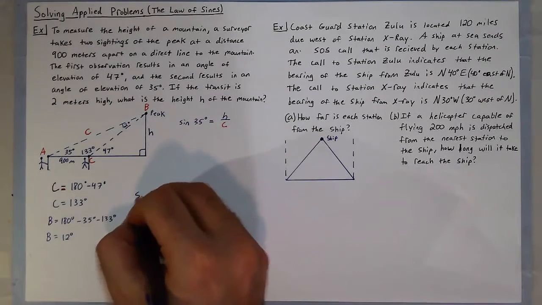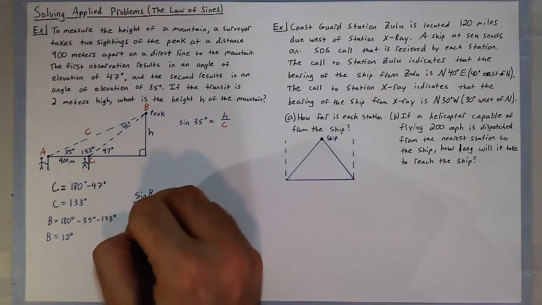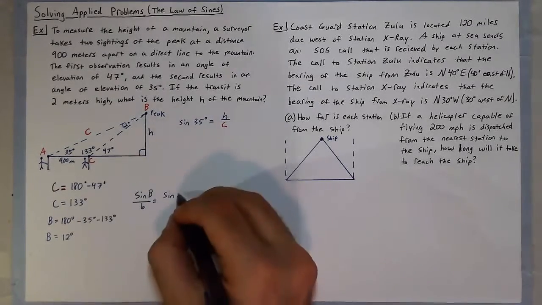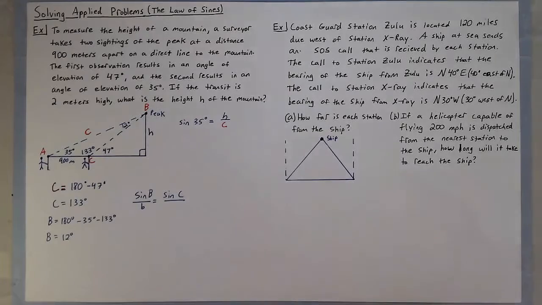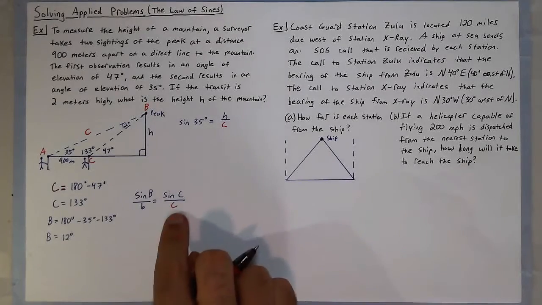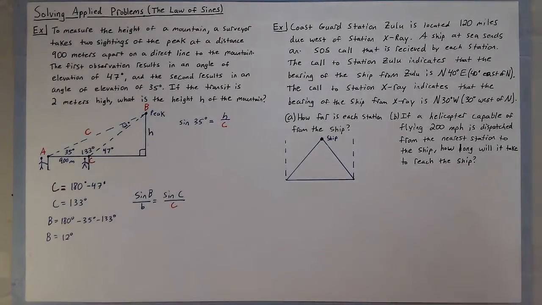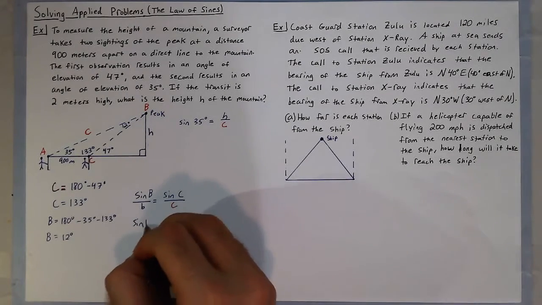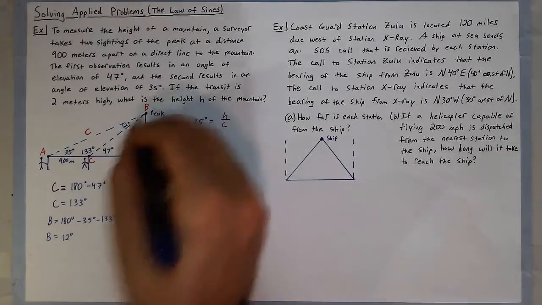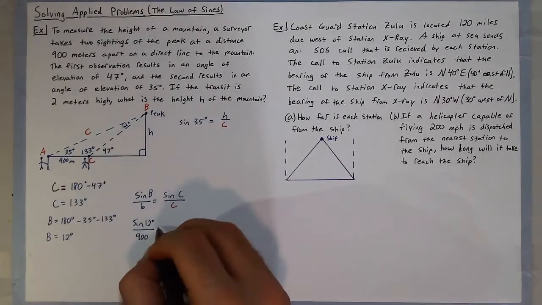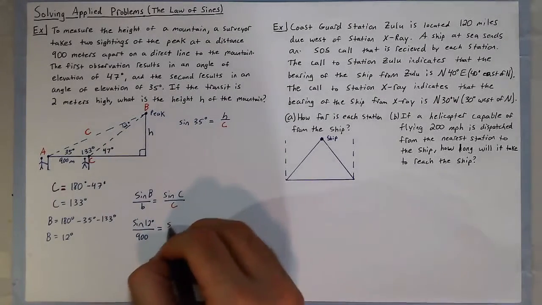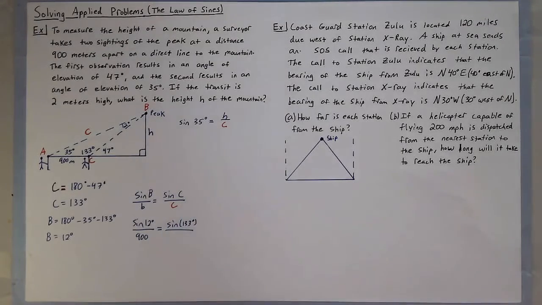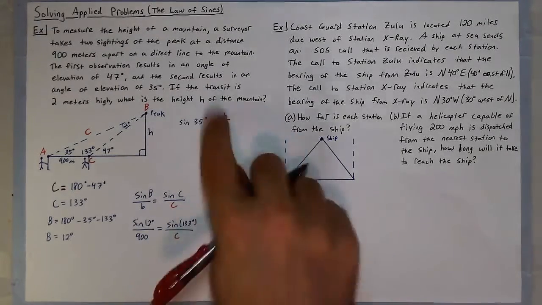So now I know that if I use sine of B over B is equal to sine of C over C, I can find that side C. Because sine of B would be 12, so sine of 12 degrees over side B, which is 900, is equal to sine of C, which is 133 degrees, over side C, which is what I'm looking for to solve my problem.